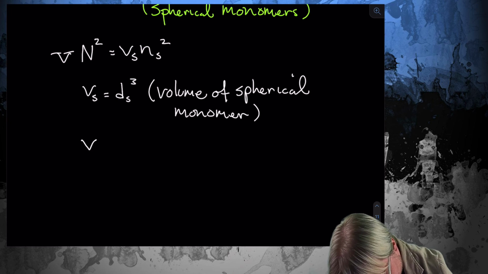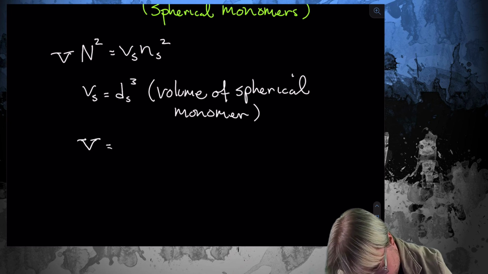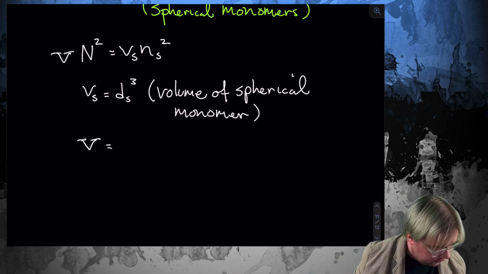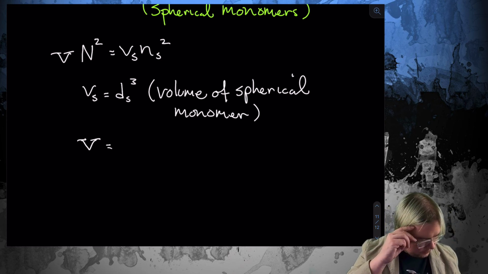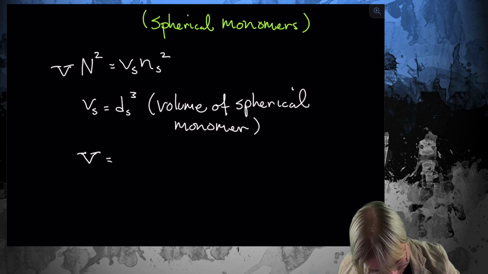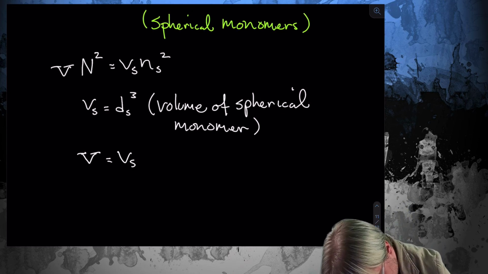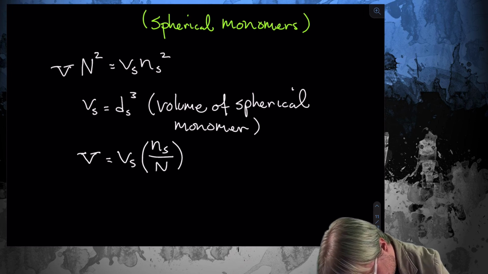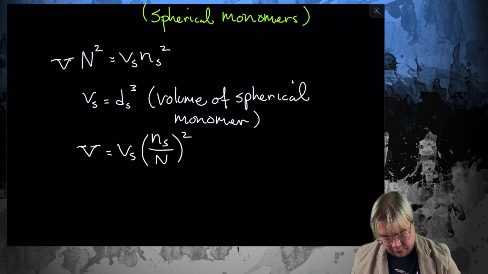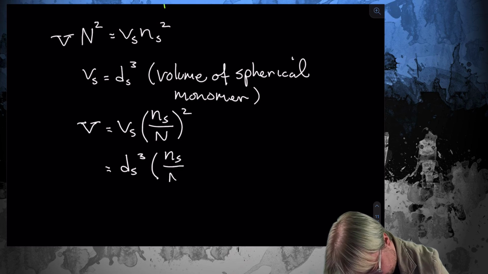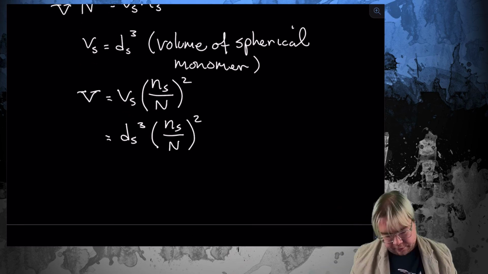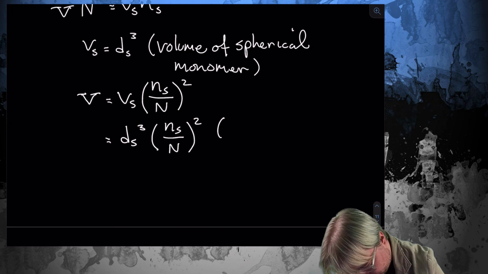What is V going to be? Well, I don't know yet, do I? But I know that it's going to be Vs times Ns divided by N squared, or this is ds cubed times Ns divided by N squared. Okay, so this is the excluded volume.